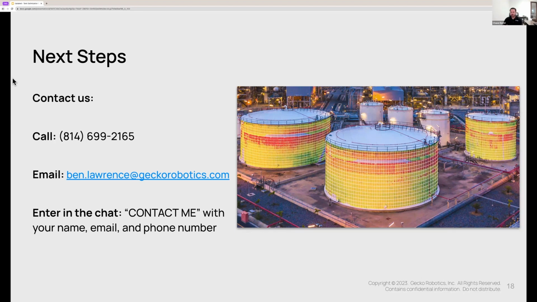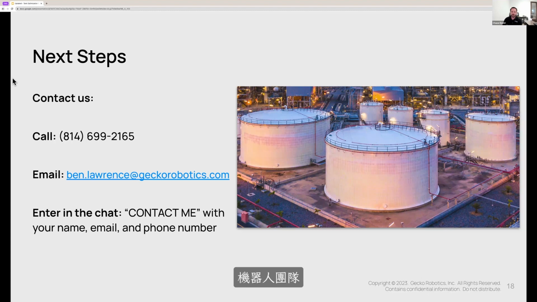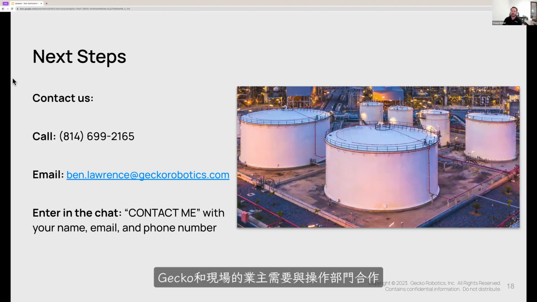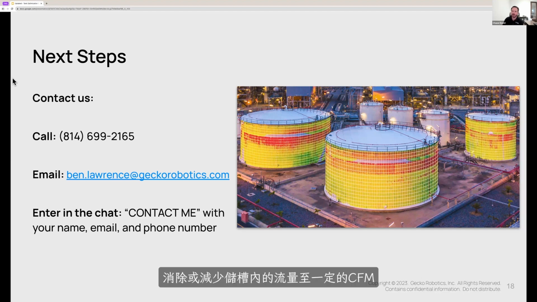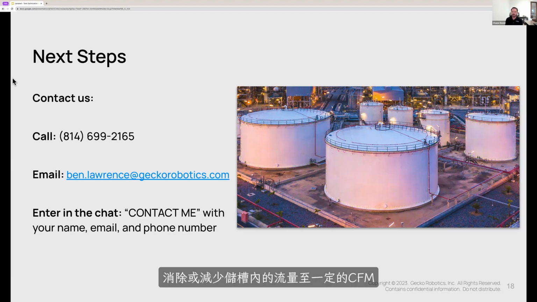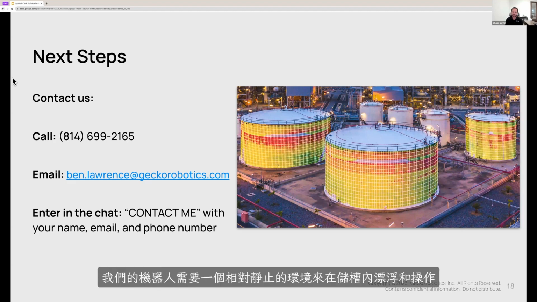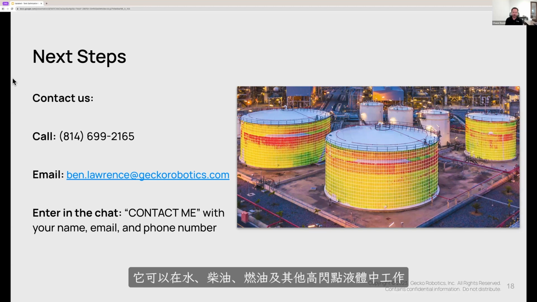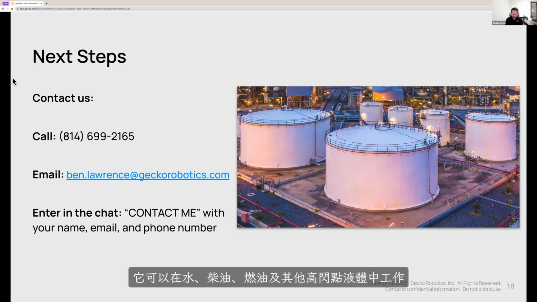So the robot crew, Gecko and the on-site owner would have to work together with operations to eliminate process flow or eliminate it to a certain CFM inside the unit. The robot needs to have a pretty static environment to float and maneuver inside of the tank. It can work within water, diesel, fuel oil, and other high flash point fluids.